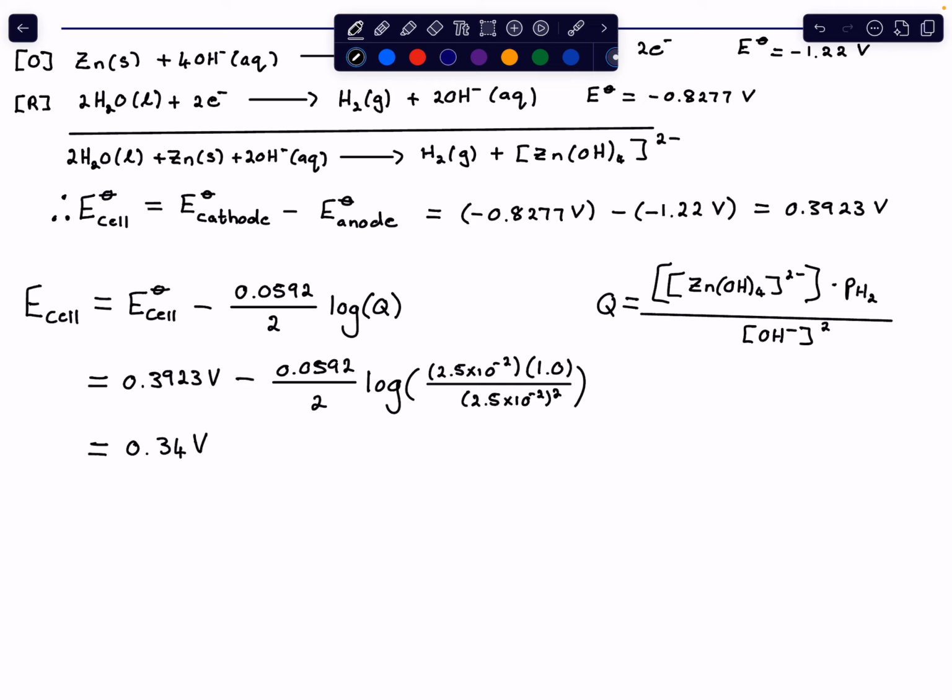And it actually kind of makes sense. It's slightly lower than the standard cell potential, because our concentrations are slightly lower than what they should be. So we've already moved away a bit from the standard state.